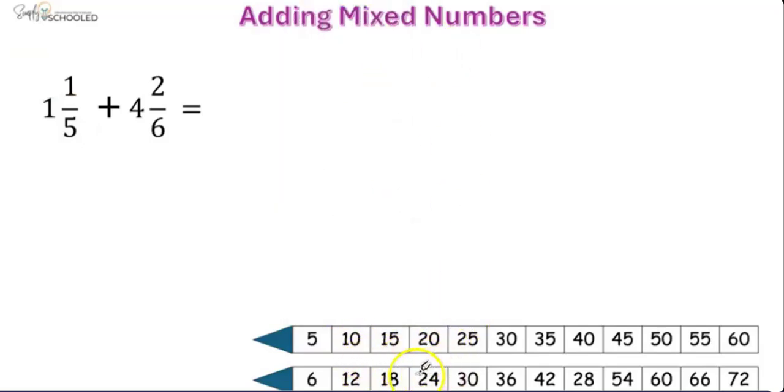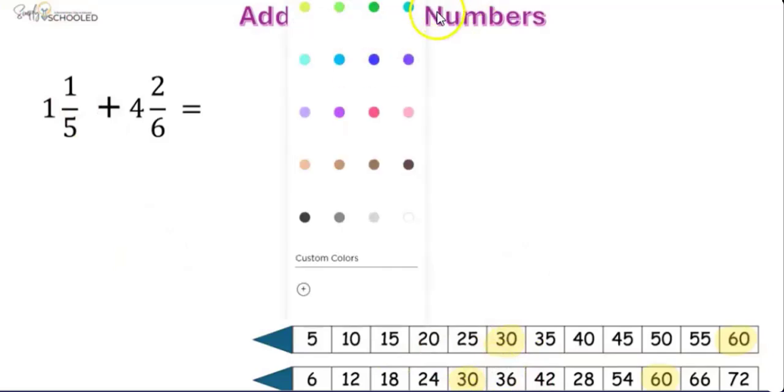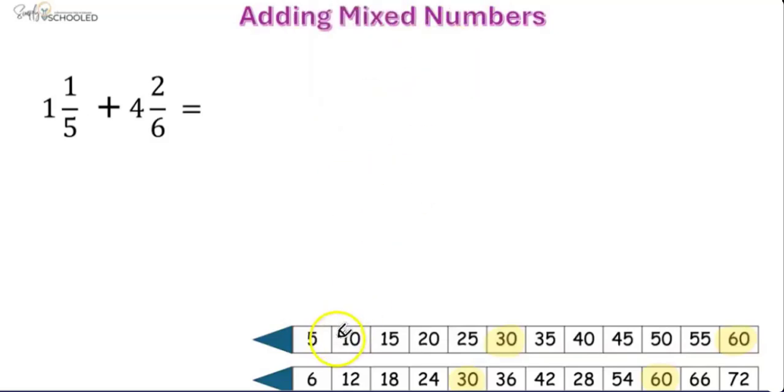We see something common here. Here we see 30 and 30. I think the next one is 60, but remember we want the smallest one. So we want to rename these fractions so that they have denominators of 30, but also that they're equivalent.